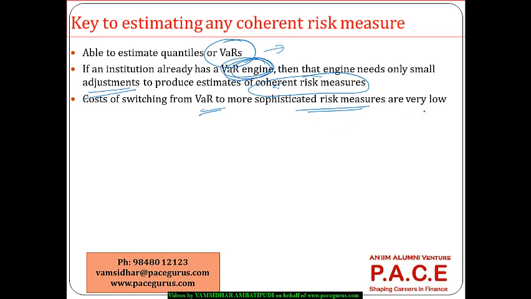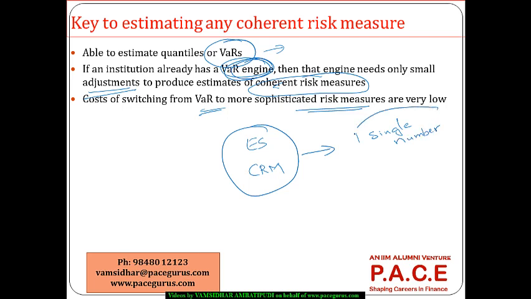The costs associated with it are much lower. But whether it is expected shortfall or any other coherent risk measure, what we are clearly seeing is these give one single number associated with the measure of risk, and that's the reason we are calling them more coherent compared to the value at risk.